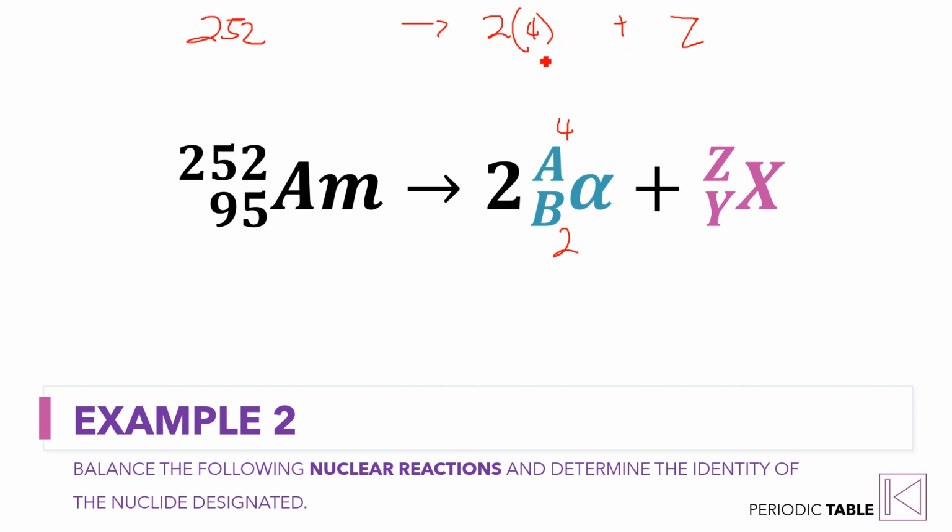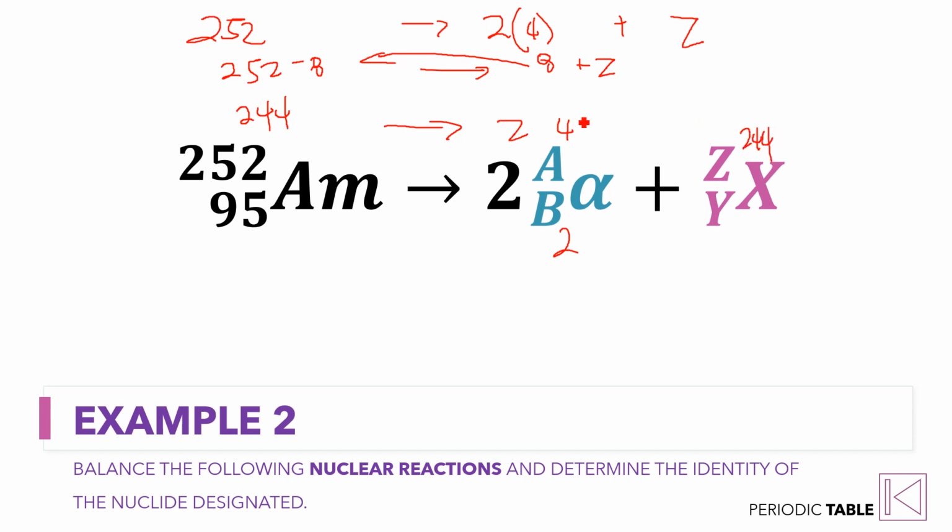This 2 times 4 is 8. So we need to move this 8 to the other side to get the z, the unknown. So 252 minus 8, that's 244, right? So our z is 244. Don't be confused here, because it's just that.